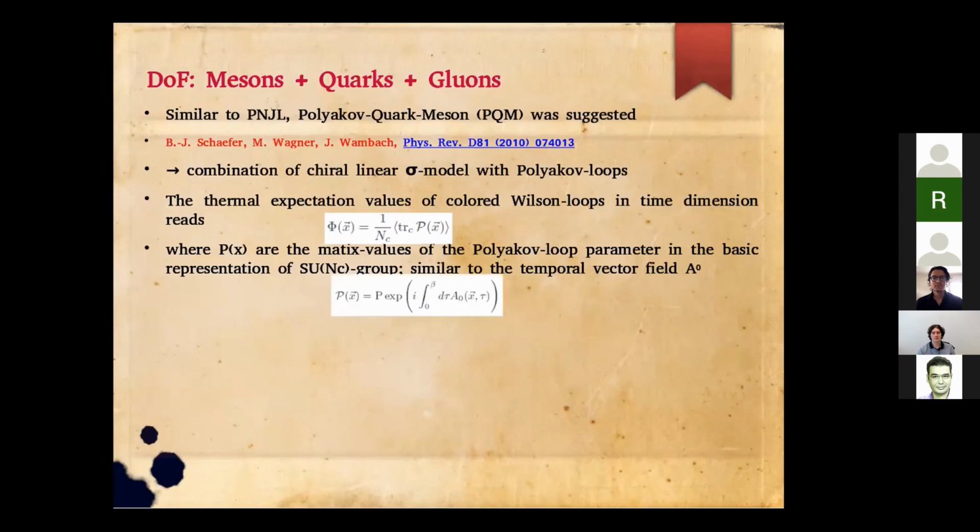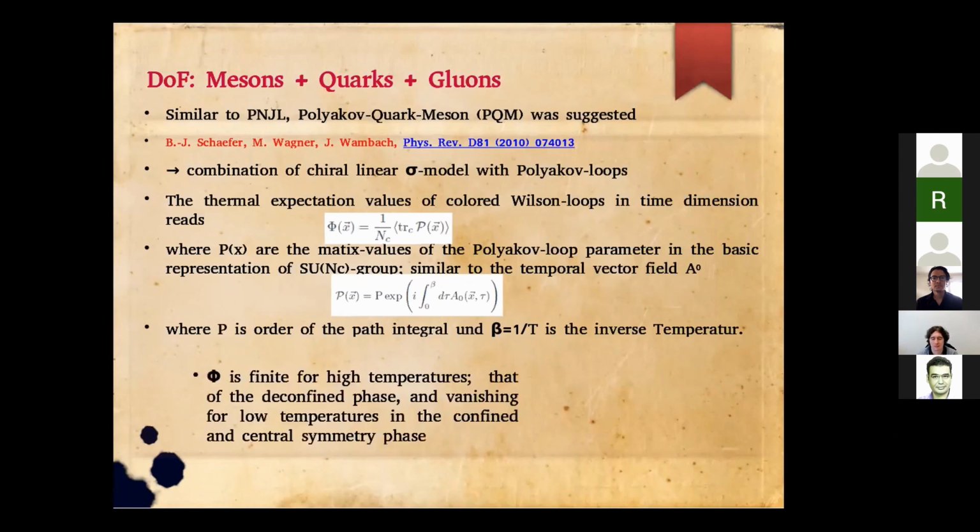Here you can see the expression of this P of X. Another P appearing as a parameter to the integral is the order of the phase of the path integral, where beta is the inverse of temperature.